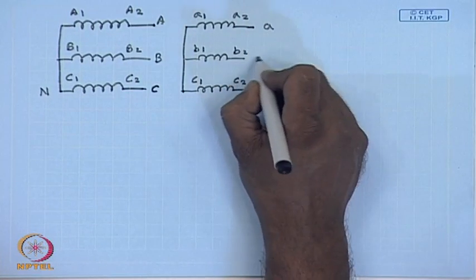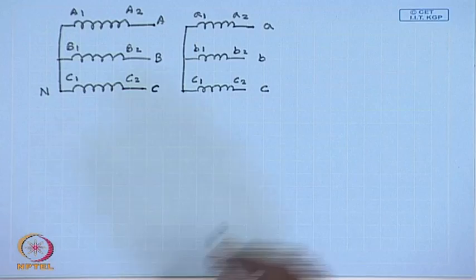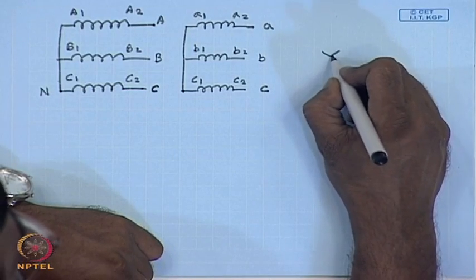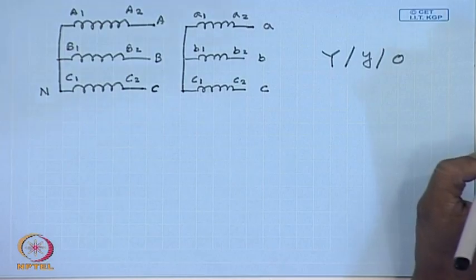So, this is A, this is B, this is C. So, this is what the connection y 0 will look like.